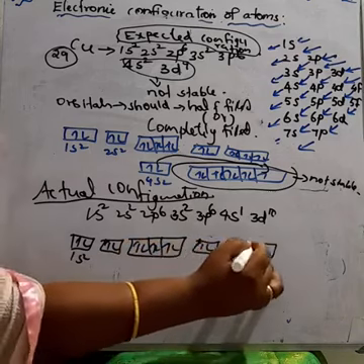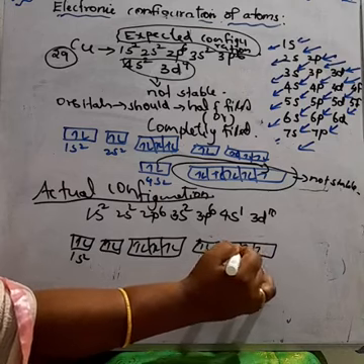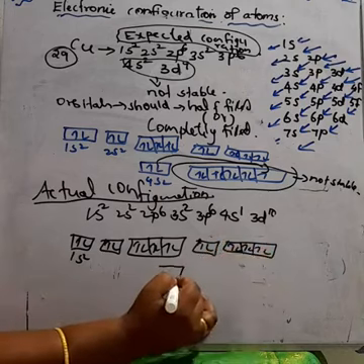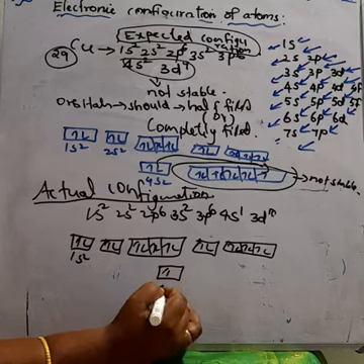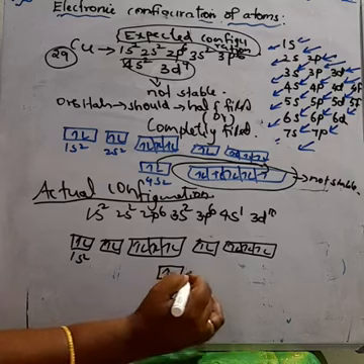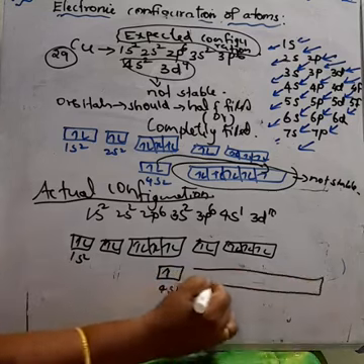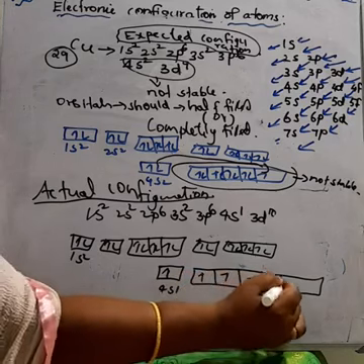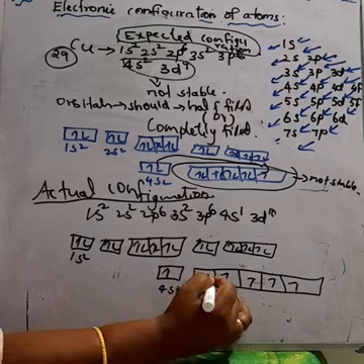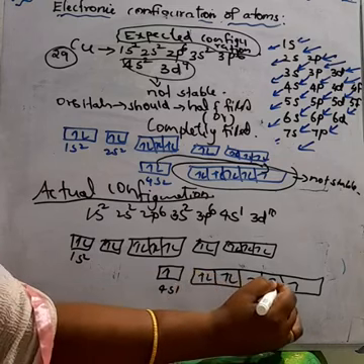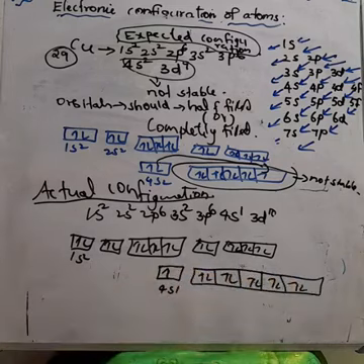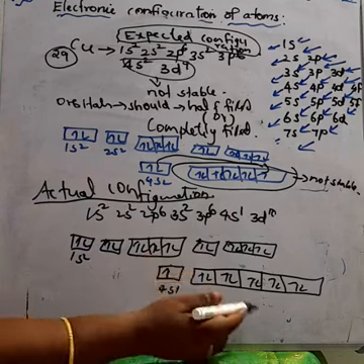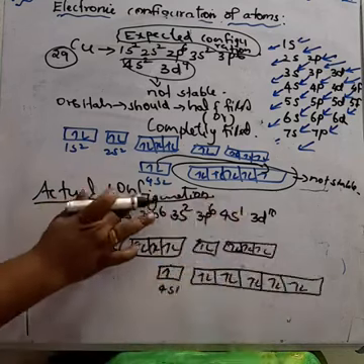Then the 4s orbital, how many electrons now? Only one electron. One electron goes to the d subshell to get the stable configuration. So 1, 2, 3, 4, 5, 6, 7, 8, 9, 10. One electron came to the d subshell from the s orbital.